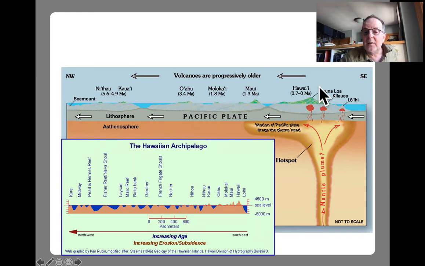And eventually, this section of the plate will pass over this plume and will be inactive, just as Maui is inactive, Molokai is inactive, Oahu is inactive, Kauai is inactive, and going all the way up towards Alaska, we find a series of inactive volcanic mountains, undersea mountains, that were formed when that section of the Pacific Plate slowly passed over this mantle plume hot spot.